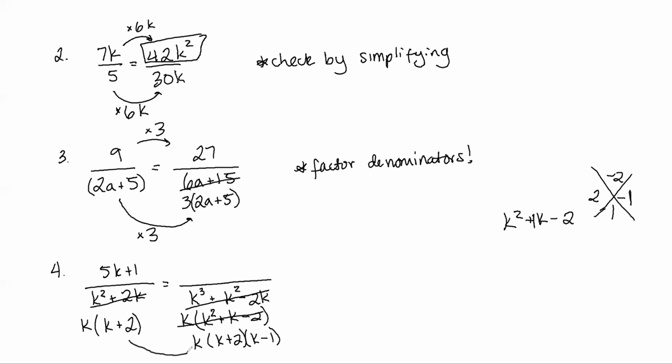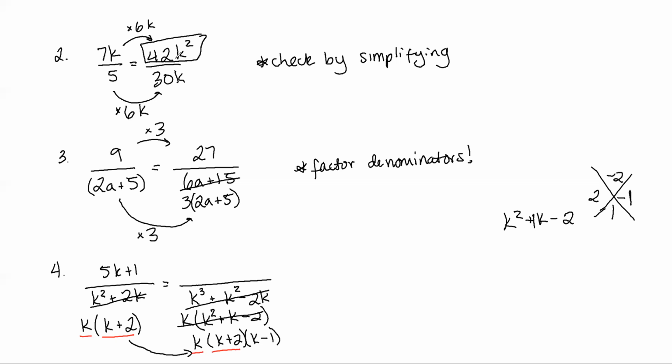But now we can see how we get from the first denominator to the second. So if we first see what we have in common, we have a k in both of them and a k plus 2. The only thing that we're missing from the first fraction is this k minus 1.